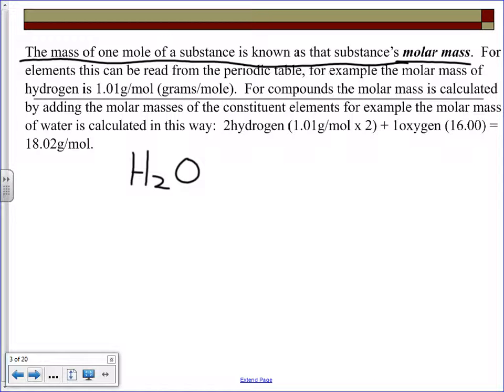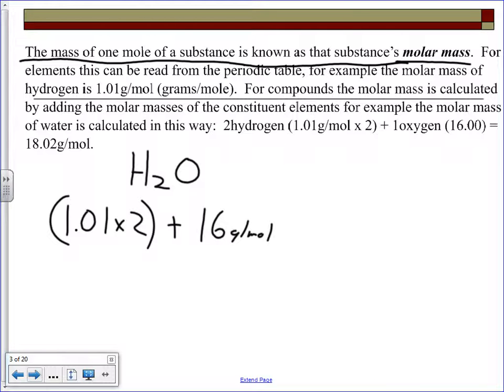So I take hydrogen's molar mass, 1.01, and multiply it by 2, because there are 2 hydrogens in this compound. What do I add to that? Oxygen's molar mass, which is 16. This is also in grams per mole. When I add those together, I get 18.02 grams per mole.